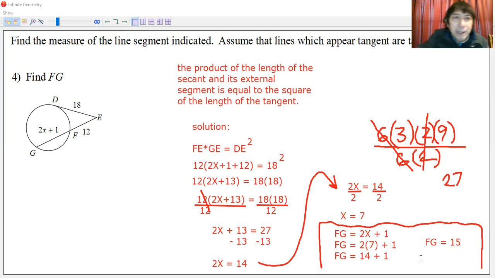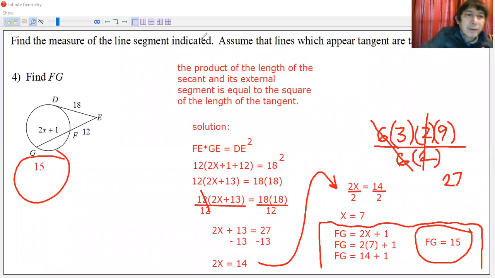That's our final answer. FG is 15 units. Let us check and verify. Below the diagram, we shall find the answer. There. Okay. I'll make it blink. All right, so that's over there. It's 15. All right, so we're correct.